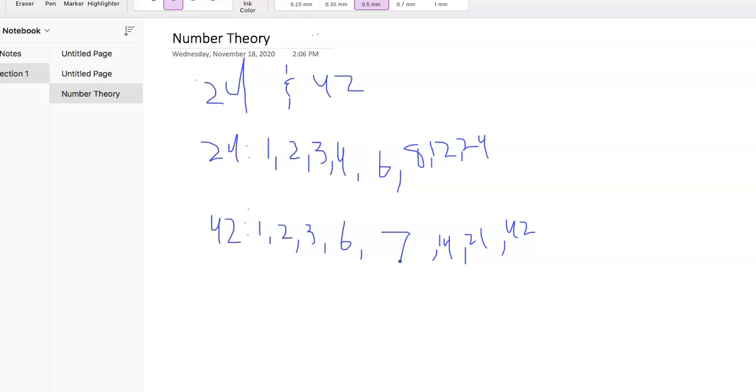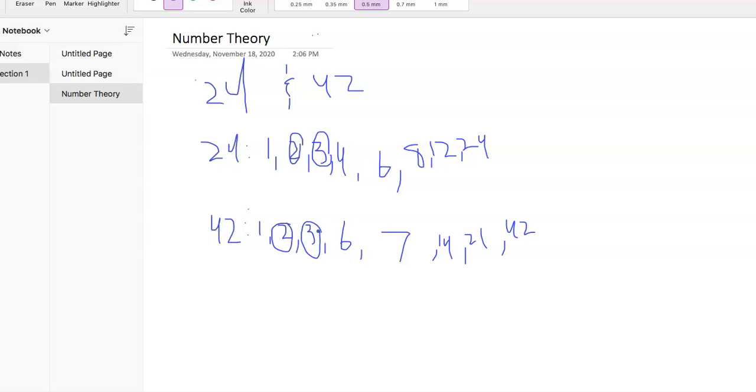So then we're looking for what are the prime numbers that are shared, right? So I see a 2 and a 2 that are the same. And I see a 3, which is prime. A 3, and remember that 2 is the only even number that's prime.